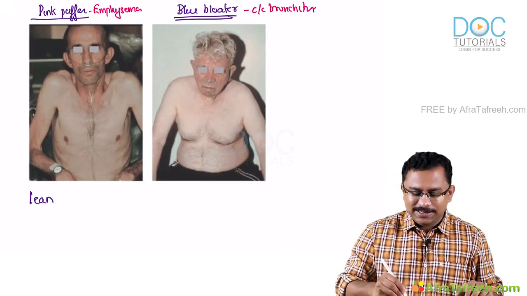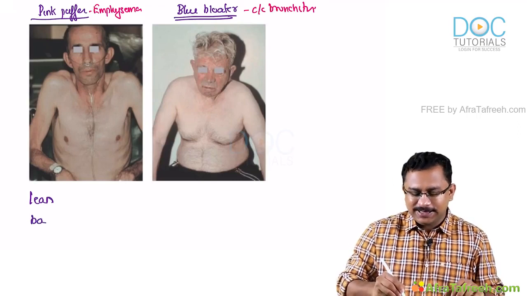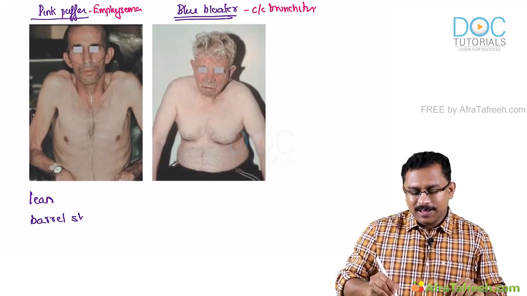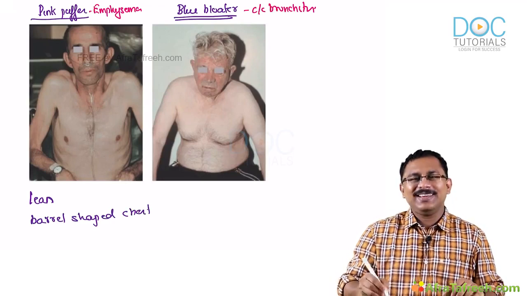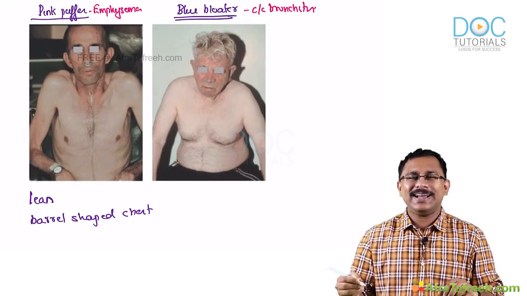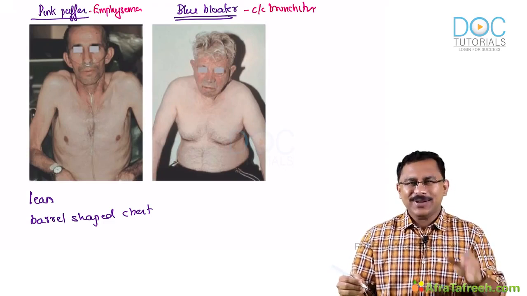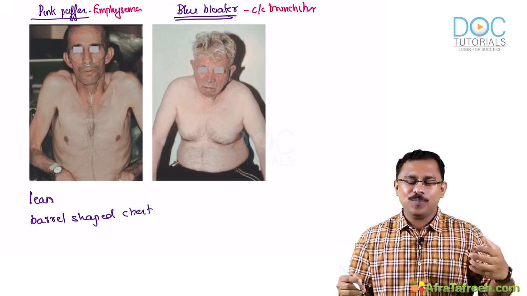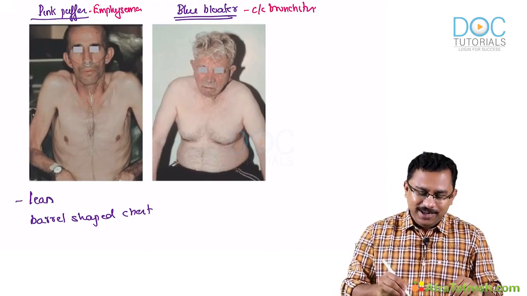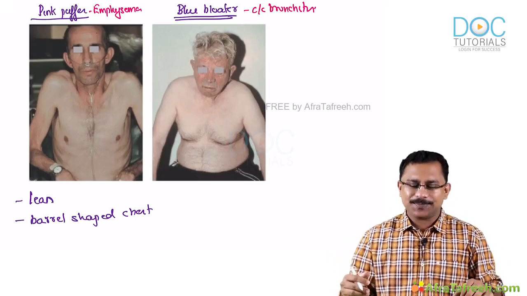Lean individual is there, he is having maybe a barrel shaped chest because of the emphysematous change, and the leanness is because of the systemic inflammation that occurs in an emphysema. So I'll come to that, what is this systemic inflammation in COPD, but for the time being understand that he is very much lean and he is having a barrel shaped chest.